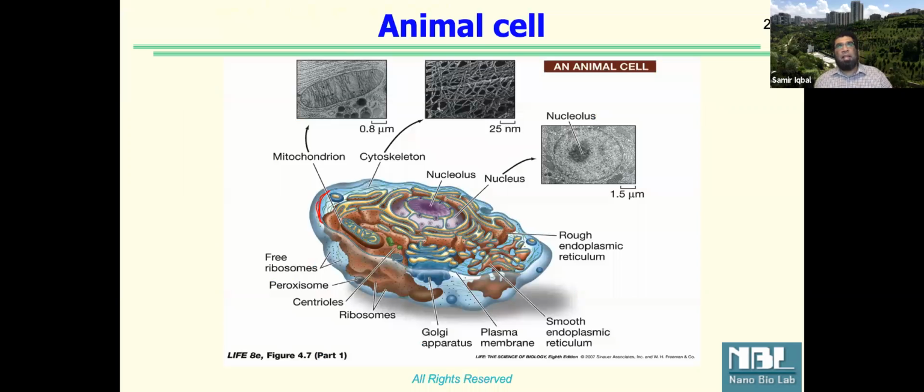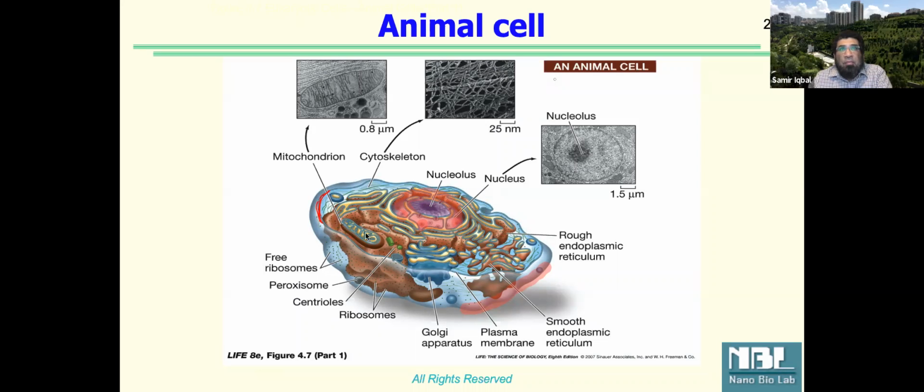So now in the animal cell, we have a kind of an order where we have a cell wall, we have a nucleus, and if you see, there are small holes on the nucleus also, which are used to send things in and out of the nucleus.